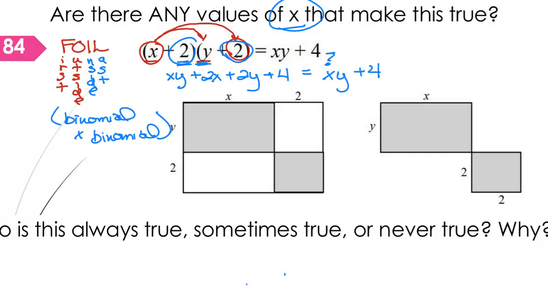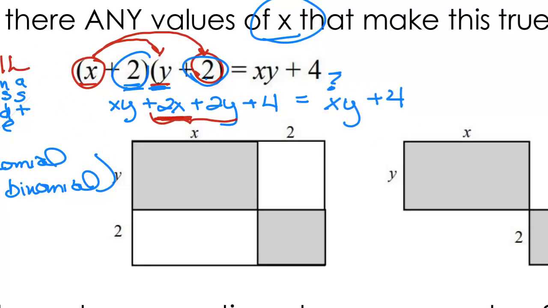Well, if it were, we'd have to get rid of these two terms. What's the only way we could get rid of those two terms? What would x have to be? Not necessarily y. You don't have 2x over here on the right-hand side. So if I don't have it, that must mean the answer to 2x must be 0.